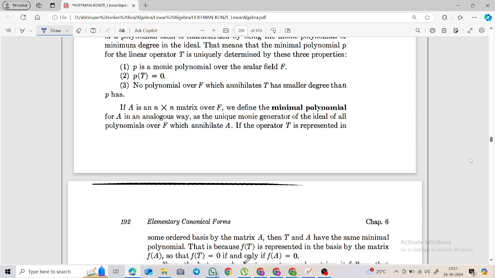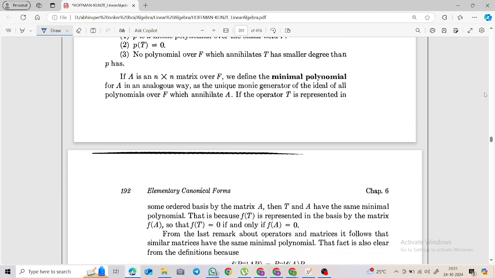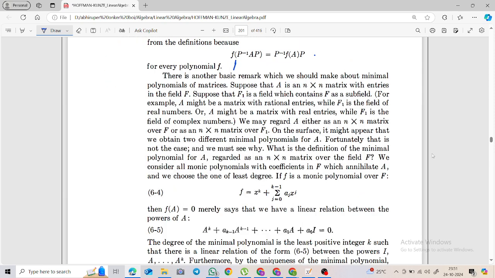But here is what I find fascinating. What they're showing in this remark is that suppose this matrix 1, 2, 3, 4 is in M2(R). The entries are real, but this is also in M2(Q), since Q is also a field.